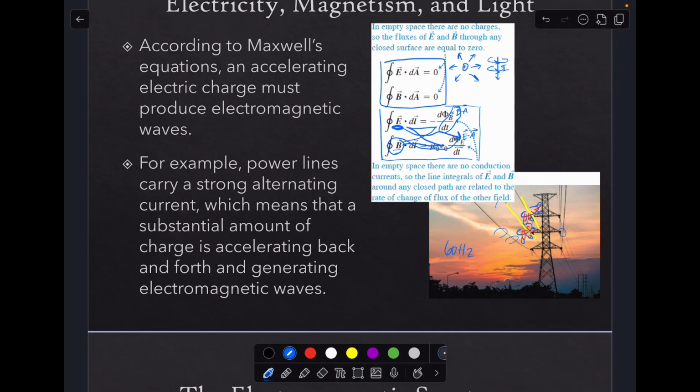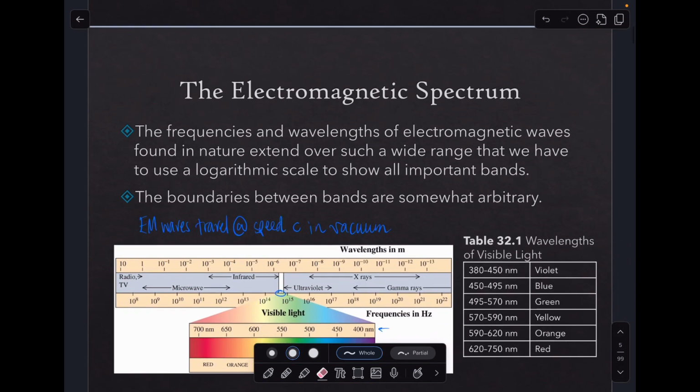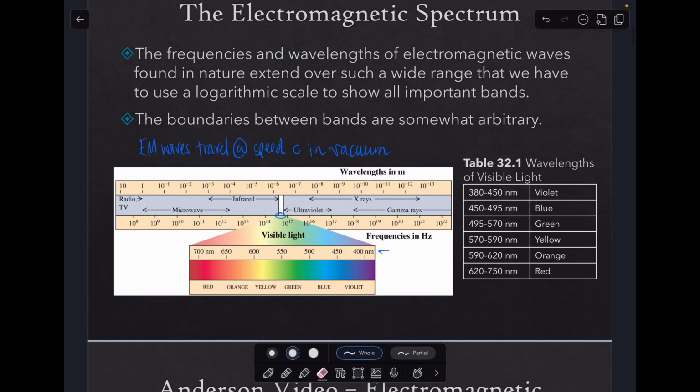They exist outside of atoms with electrons that are moving around in an oscillatory fashion. And depending on the frequency at which they oscillate, that gives you a different type of electromagnetic wave. So here they all are.